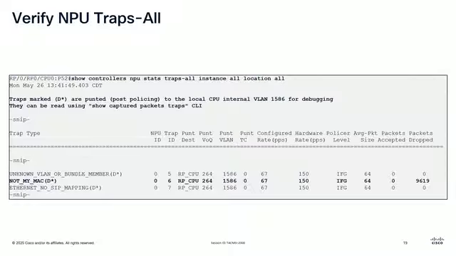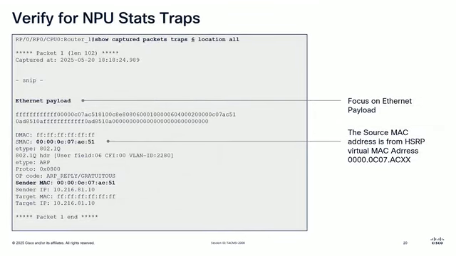So now we are going to use the trap ID that I just mentioned. If we use the command show capture packets trap 6 location null, we will be able to check the content of the packets. For example, if we check the Ethernet payload, we will see the source MAC address, and actually this is the MAC address for HSRP.